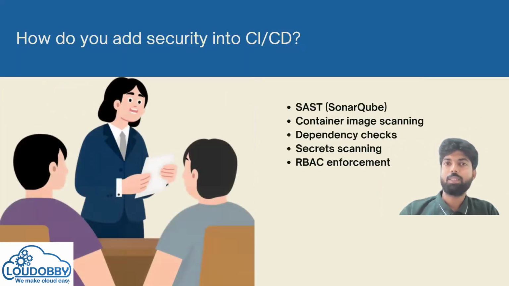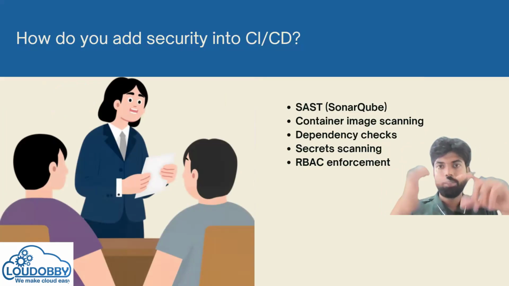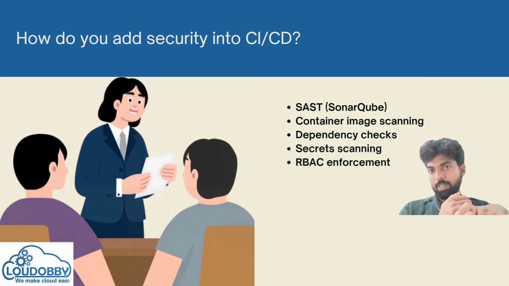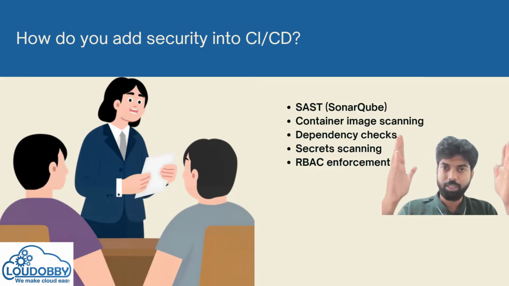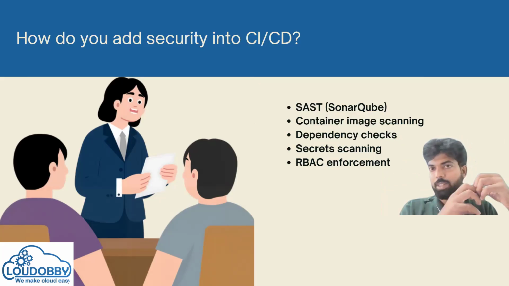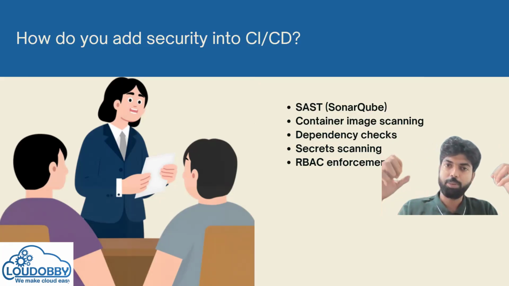Then, how do you add security in CI/CD? Majorly, if you are DevSecOps, the security part, the first thing is static scanning, which is SAST, scanning your code. When Jenkins checks out the code, the next stage will be SAST, where it scans the source code.